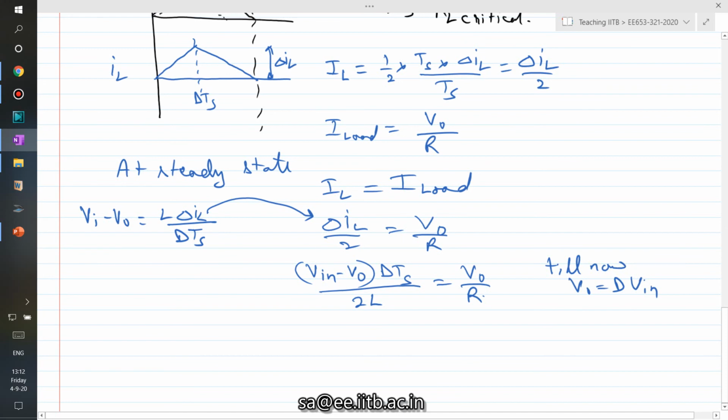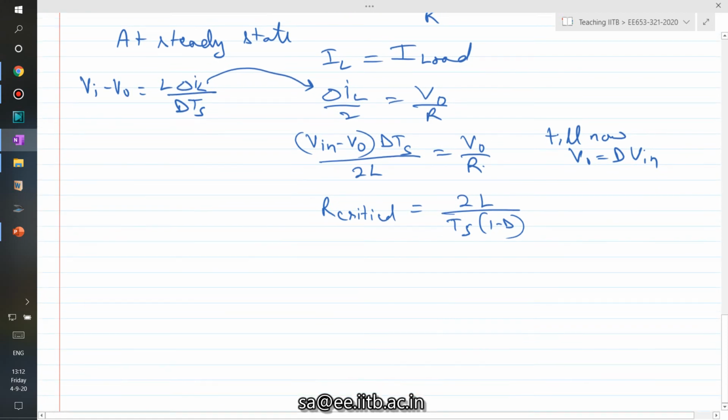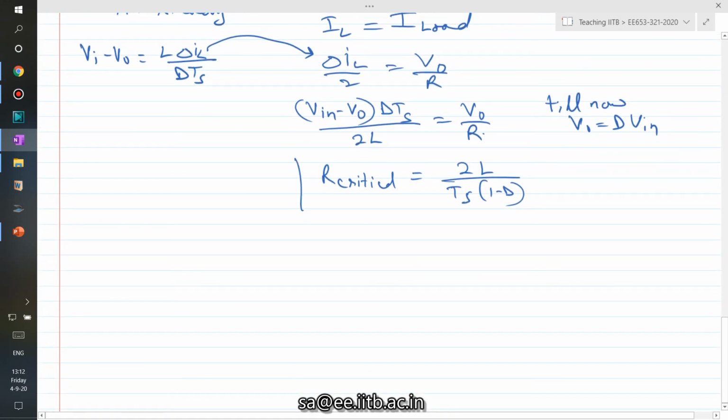You can substitute it here, rearrange this equation, and you would get R critical as 2 times L upon Ts into 1 minus D. This is the expression you would get by rearranging the above equation.